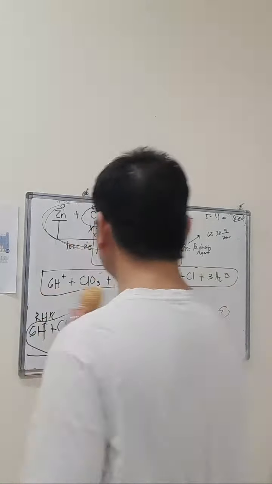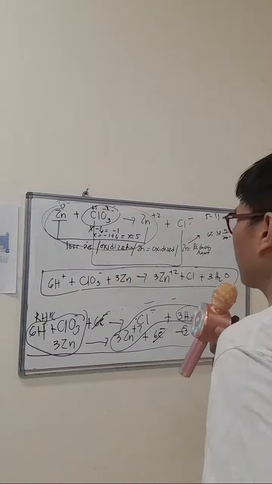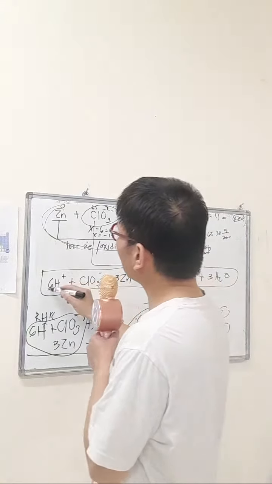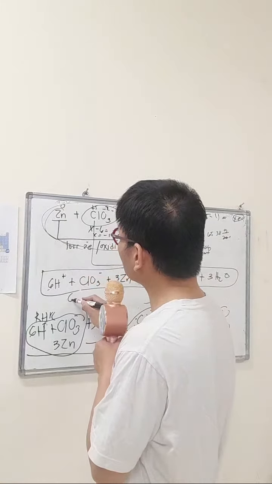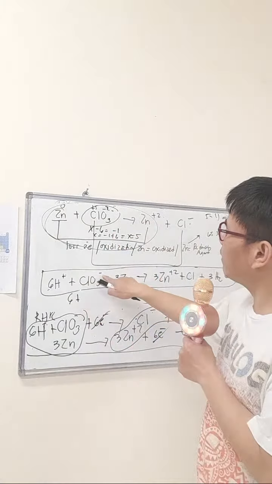Now we go to the balancing of the charges. Like that. Balancing of the charges. 6 times positive 1 is equal to 6, plus 1 times negative 1.